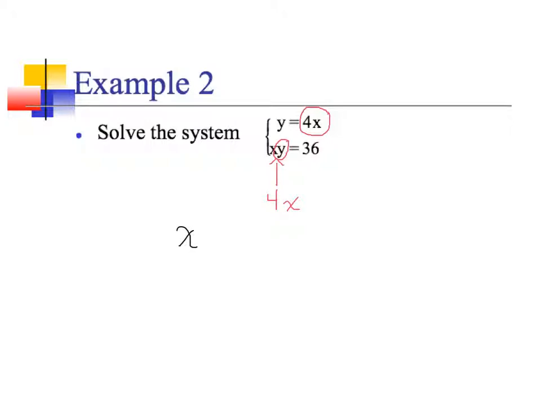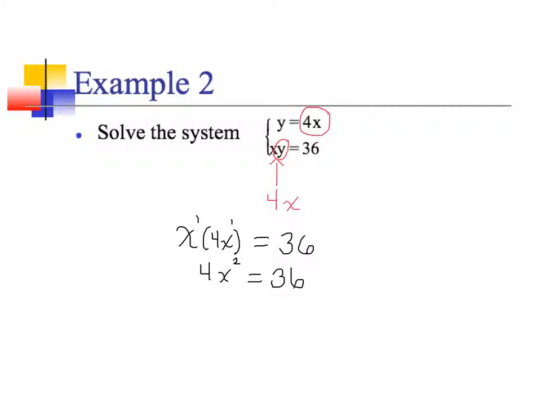x times y, but instead of y, I'm going to replace y with what I know y equals, which is 4x. And again, what you notice is I have one equation with one unknown. So I'm going to go ahead and multiply x to the first by 4x to the first, and I get 4x squared.